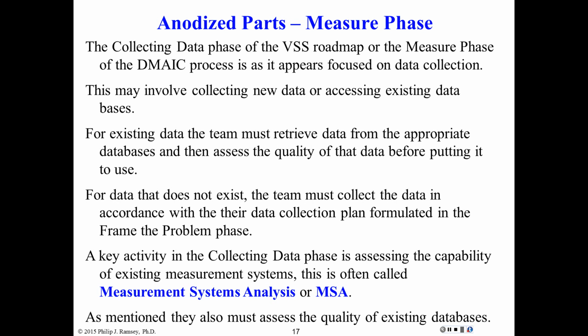In the measure phase, one has to begin by asking questions about the quality or validity of the measurement systems. If we're collecting data, or even if data has been collected, can we trust the data? Is it of sufficient quality for us to use as part of the project? This leads to something in Six Sigma commonly called Measurement Systems Analysis, or MSA.